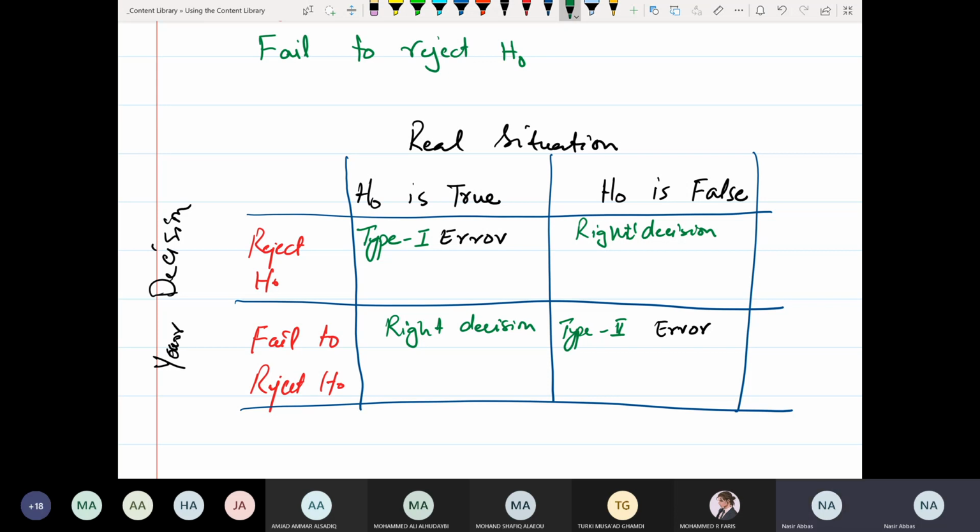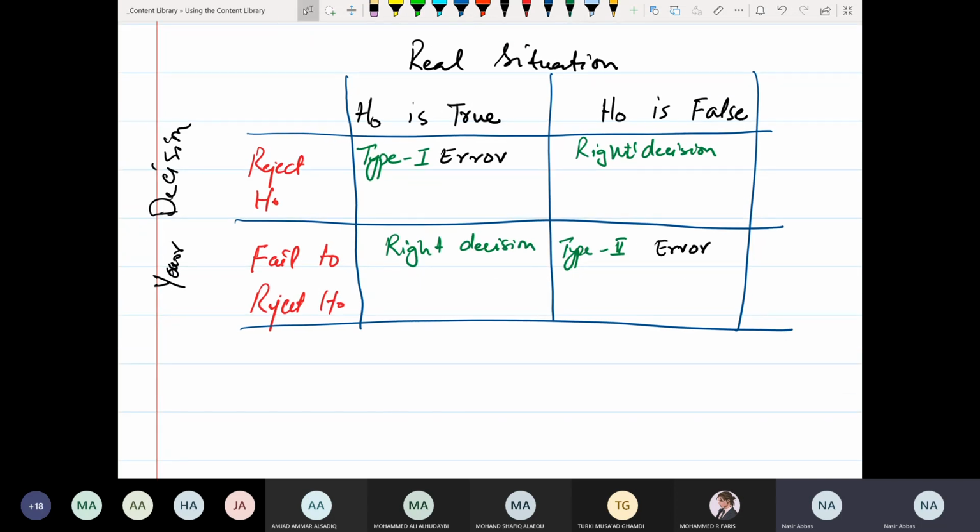Now let's talk about the notations. What notations do we have for these 4 situations? There is type 1 error, and the probability of this type 1 error is denoted by alpha. This is your alpha that we usually fix at 5% or 10% or wherever you want. Now talk about the first situation.